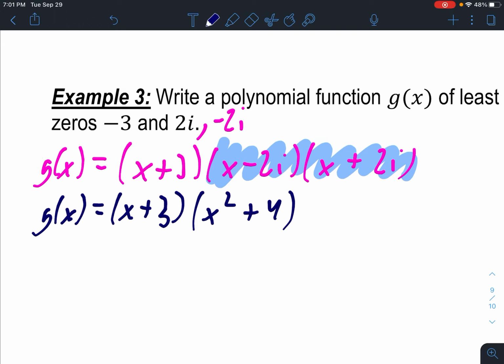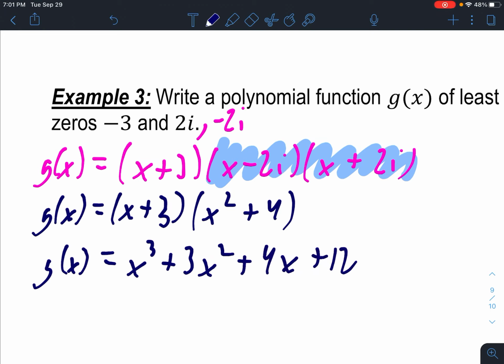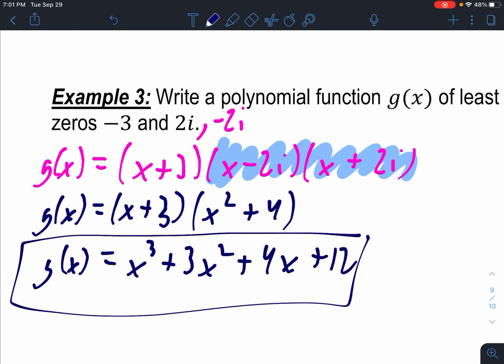If you don't know how we got that, just multiply it out one step at a time. Your middle 2 terms will cancel out, and your last term would become positive 4. Now we can multiply these together. And we would get that for g of x.